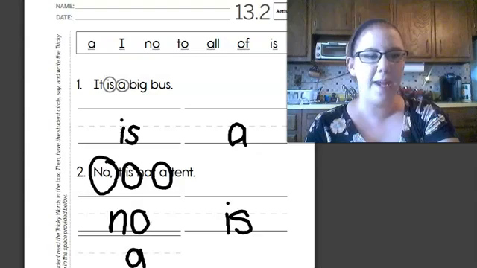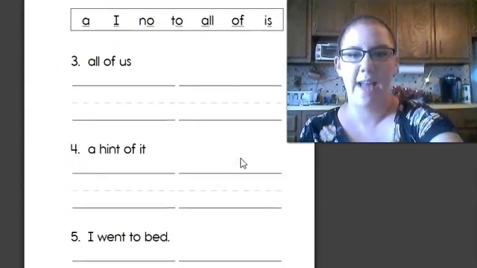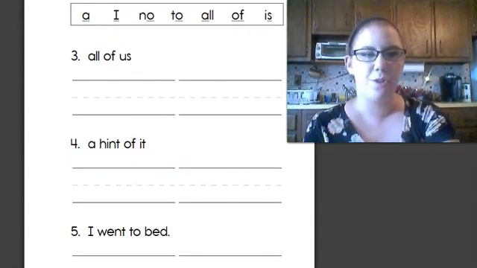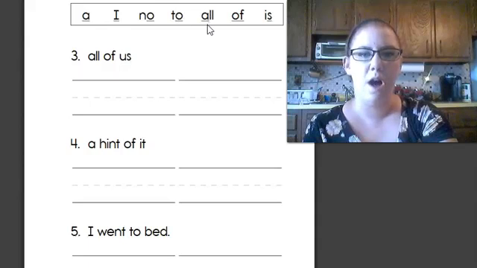We've got one more page to look at with some tricky word practice, and then we'll be all done for today. Let's review these tricky words again. A, I, no, to, all, of, is.